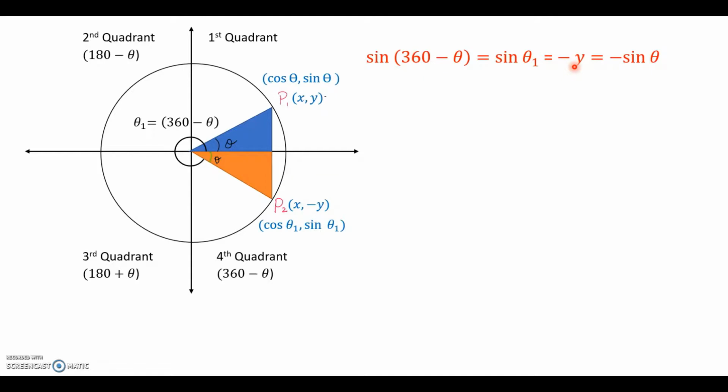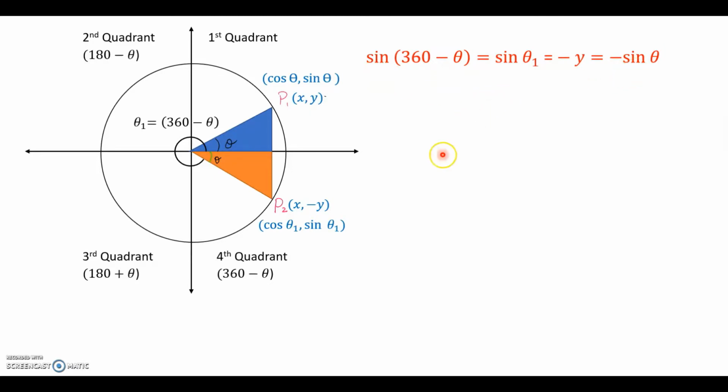We also know that the value of y in the first quadrant refers to sine theta. In other words, y is equal to sine theta. So we replace y with sine theta, and minus y becomes minus sine theta. So now we have sine of 360 minus theta as minus sine theta.